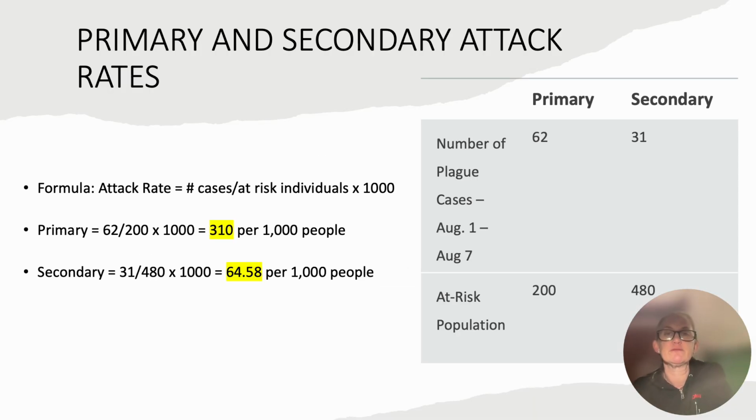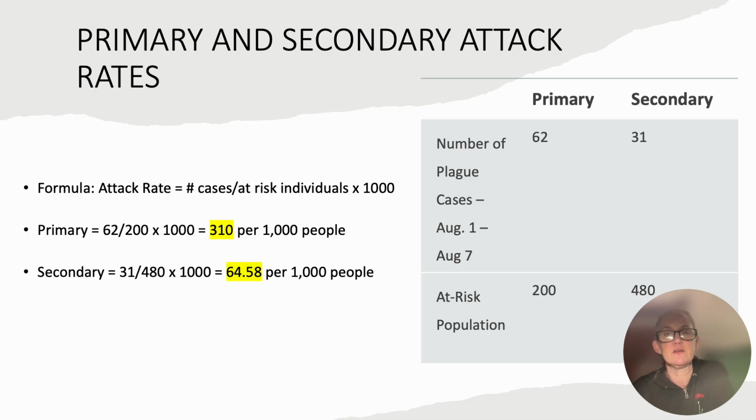The calculation for a primary and secondary attack is similar to the calculation for cumulative incidence. However, the primary and secondary rates are specific applications of this concept. Instead of calculating the overall risk to an entire affected population, the primary attack is a calculation of new cases that occur in an at-risk population initially exposed to a pathogen, multiplied by 1,000.